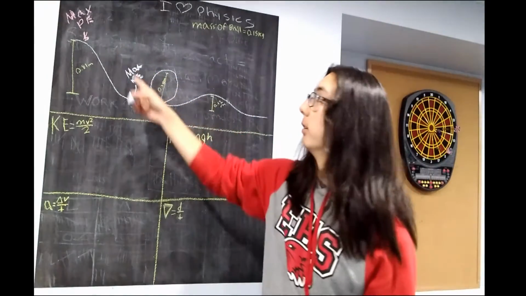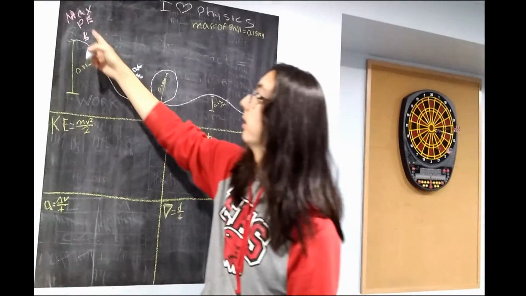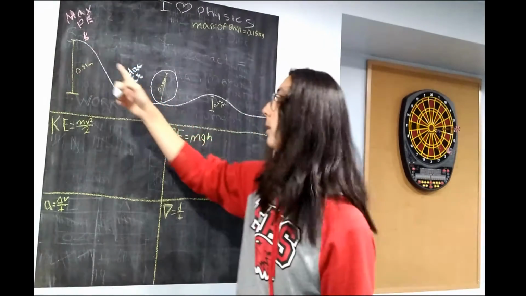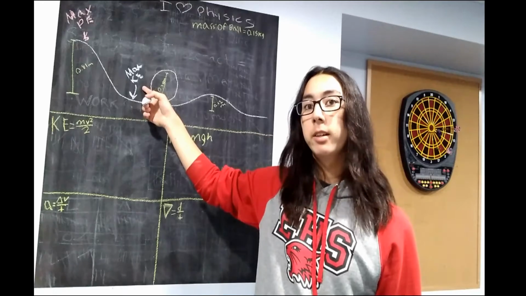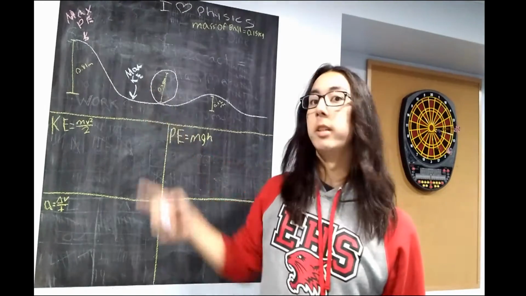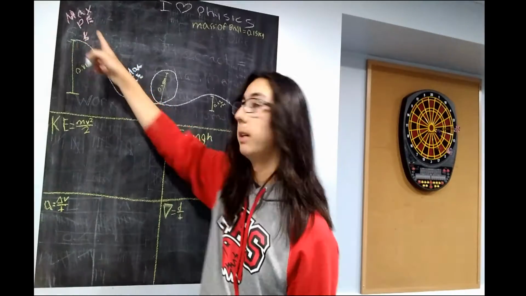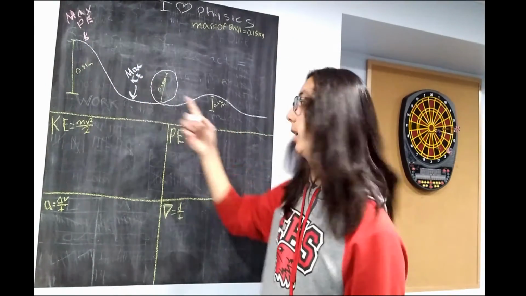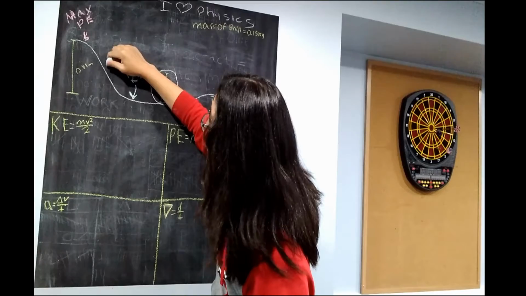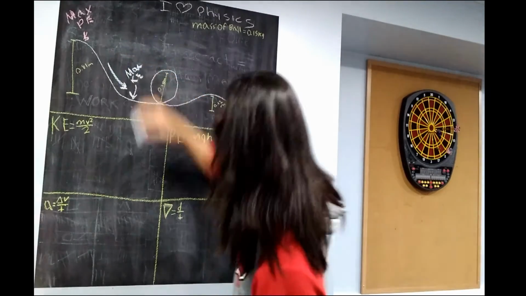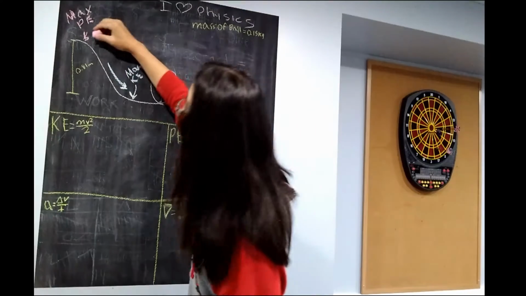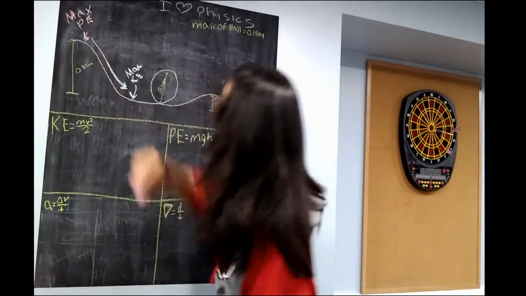Now, on this hill, the entirety of the potential energy is going to be transferred to kinetic energy, and since energy is always conserved, the max potential energy is equal to the max kinetic energy. So on the hill, the potential energy is turned into kinetic energy.